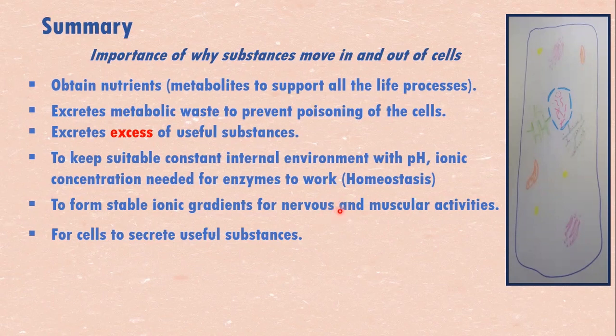A nerve cannot on its own pass on impulses. So it's ionic differences, gradients along the neuron, that cause impulses to move so that we can sense things. So ions and nutrients moving in is very, very important.